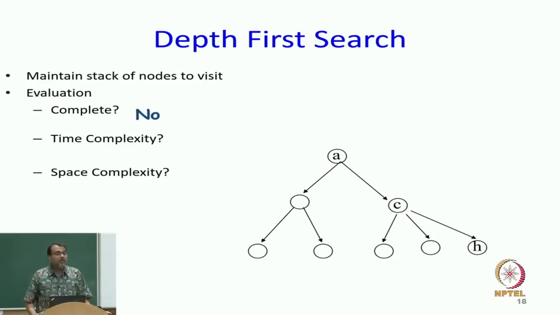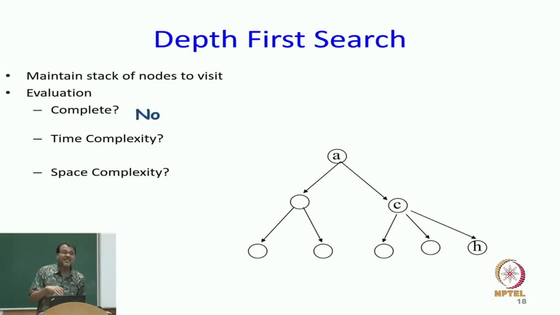Now, suppose my goal is at a low depth, am I guaranteed that I will not be searching beyond that depth? Because suppose my goal is on the right subtree and I decided to go to the left subtree, then I need to spend all my time searching over the left subtree before I finally get to the right subtree.